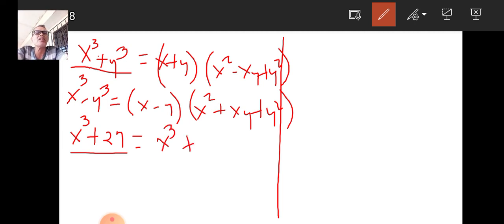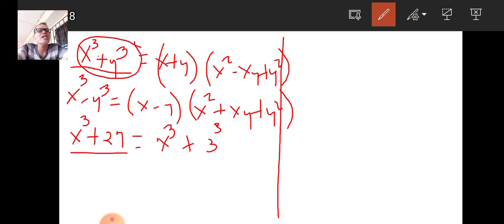Think of a number that, if you multiply it 3 times by itself, you will have 27. So what is that number? That is 3. 3 times 3 is 9, times 3 is 27. So you will have 3 raised to 3. So now you have it in the form of x cubed plus y cubed.